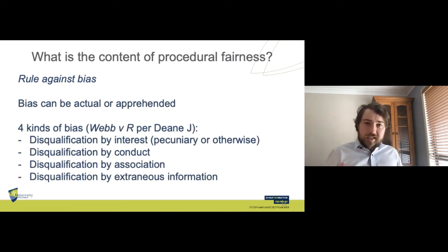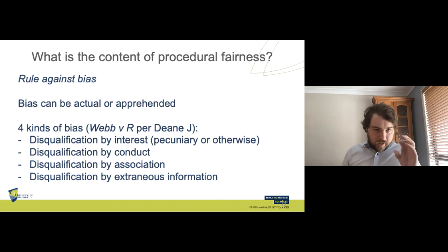To give a bit more detail on the rule against bias, something quite critical is that the bias can be actual or apprehended. A person can be actually biased, in which case, obviously, that violates the rule against bias. But bias can also be apprehended.